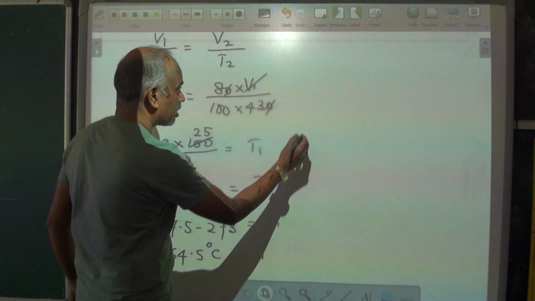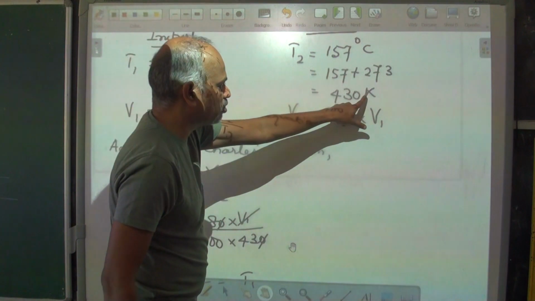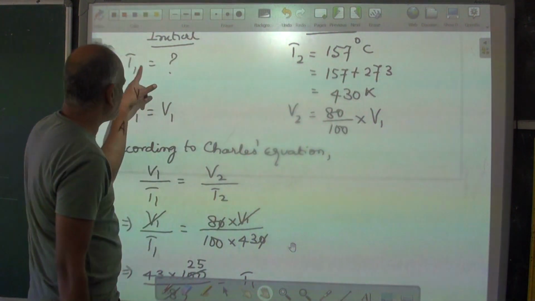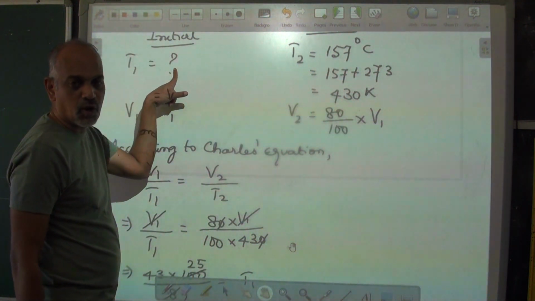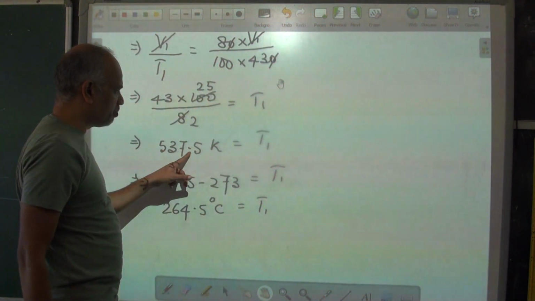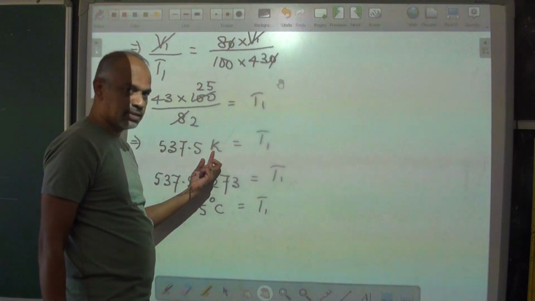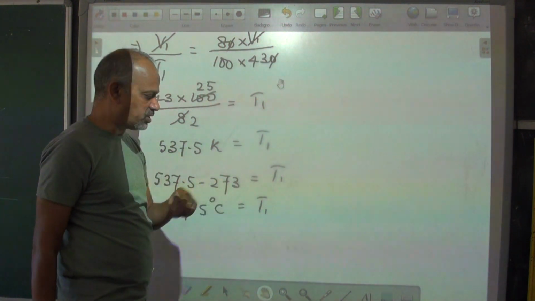Now, going back to the data that you wrote, the temperature in the second case was in Kelvin, which means the temperature that you are going to get in the first case will also be in Kelvin. So that's 537.5 Kelvin, because the previous one also was in Kelvin. That is the initial temperature.